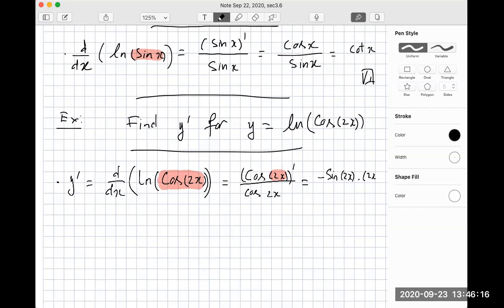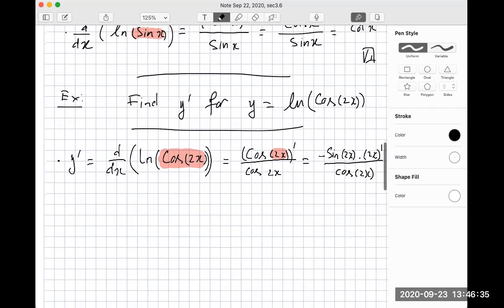Very good. And the denominator, we just rewrite it. Thank you. So what is the derivative of 2x here? Perfect. Therefore, we can bring this constant in front, and the negative sign we just rewrite: negative 2 times sine of 2x divided by cosine of 2x, right?